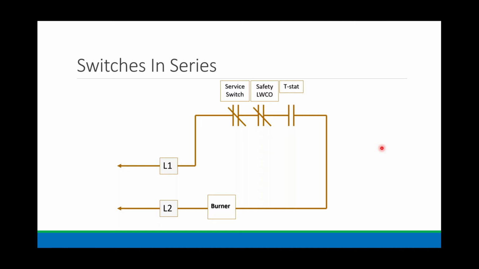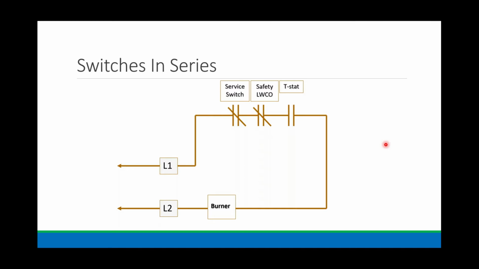And then when we go down to where the burner is, that's our load. So I got my three things. I've got my power, I've got switch, switch, switch, and I've got a load. How do I energize that burner? Well, we have to close the thermostat, and the service switch and the low water cutoff switches have to stay in the normally closed position. If either one of them opens and the thermostat is closed, we've broken the circuit.